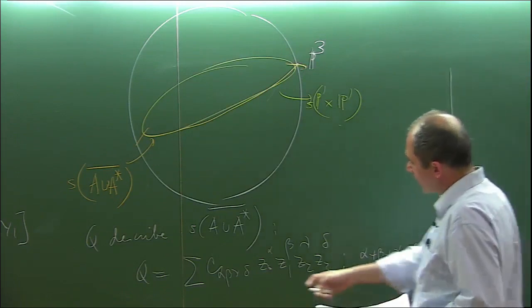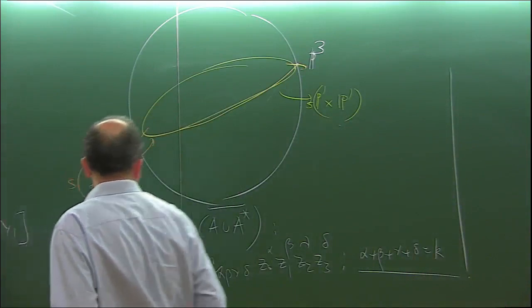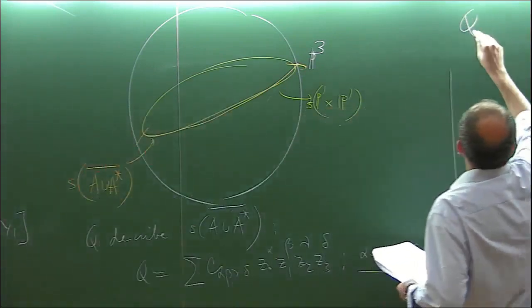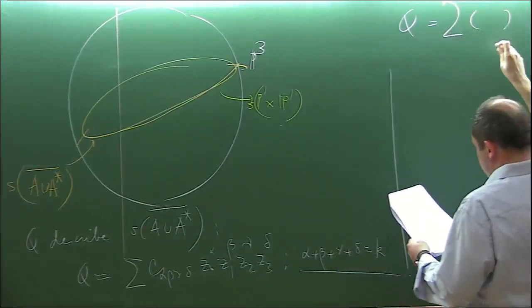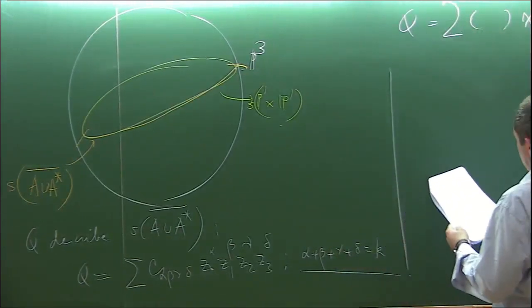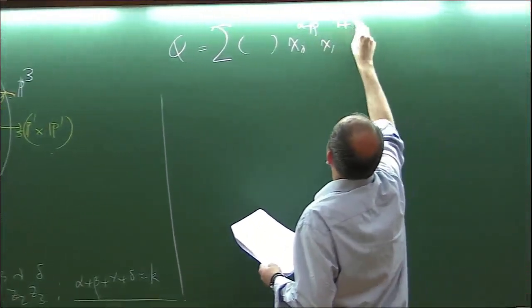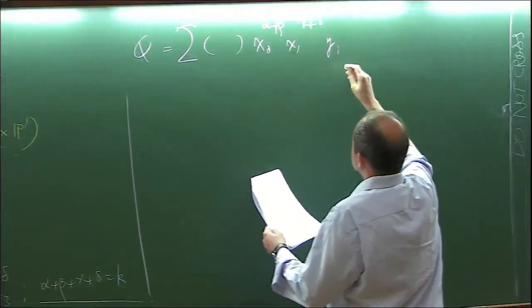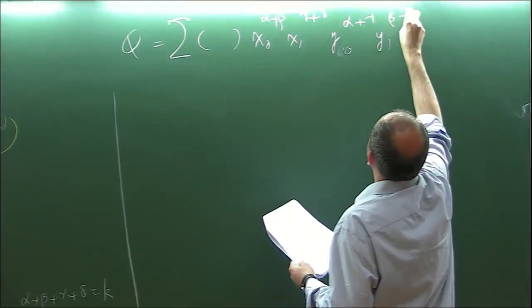So if I write down what the Zi's are, because of the Segre embedding, Q will then look like the following. So this is the sum of this coefficient, then I have x0 to the alpha plus beta, x1 to the gamma plus delta, y0 to the alpha plus gamma, y1 to the beta plus delta.